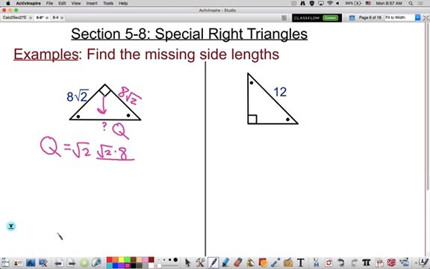Now, here's an important algebra skill. If you have square root of 2 times square root of 2, what does that equal? Maybe type it into your calculator. This is something important to know. We haven't worked with these that much, so everybody should be typing it in.